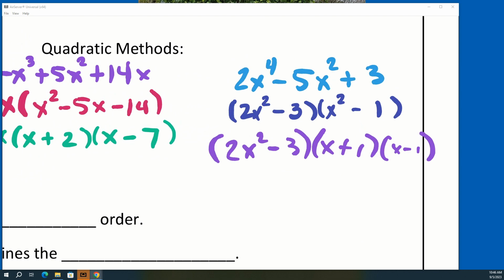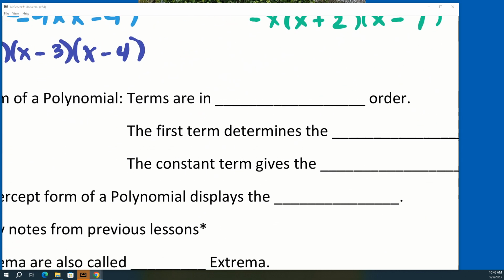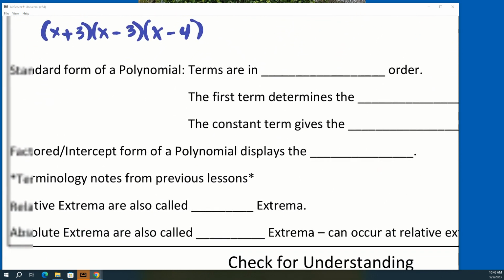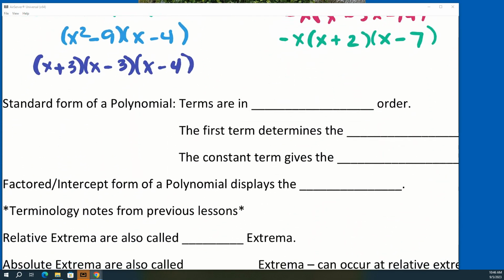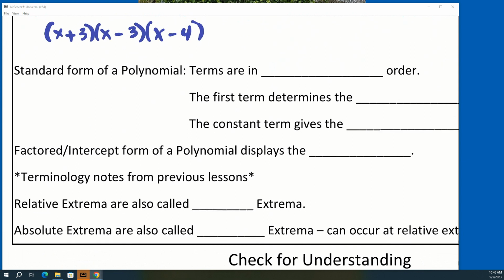Good. All right. So let's talk about the standard form of a polynomial. All of these problems that we just started with started off in standard form. Standard form is when the terms are in descending order, and there's no parentheses. It's just term after term after term in descending order from the highest power to the lowest power.